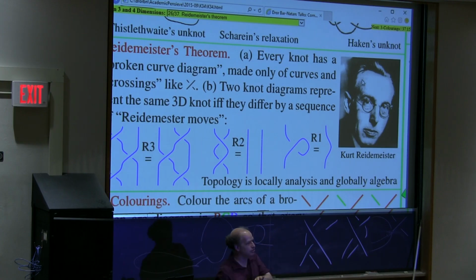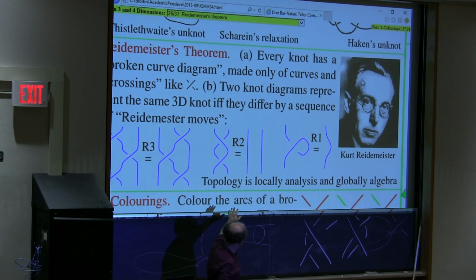You subdivide the motion into many small parts, and in each small part either nothing happens or generically only one thing happens, and only these things can happen. Okay?